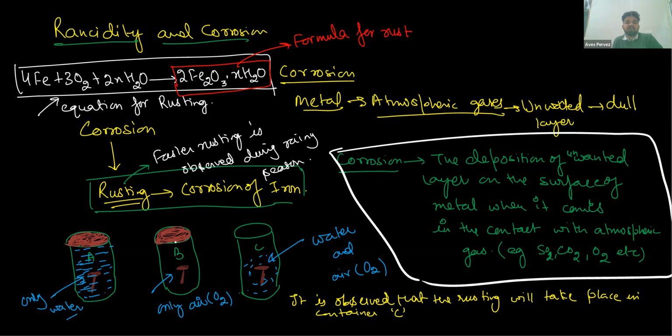If we have an airtight container with only air but no water, no moisture, only oxygen, it will not rust. If it is open and we have water and oxygen, it will get rusted. Okay, got it?